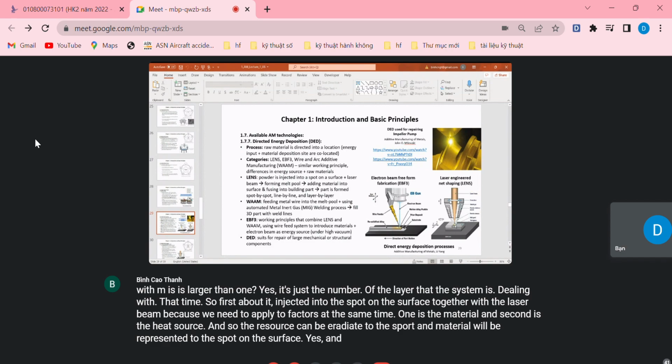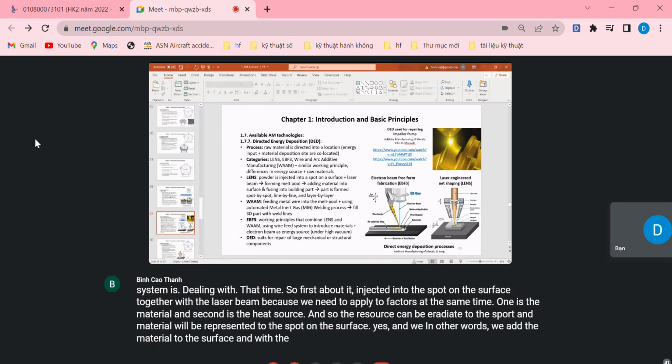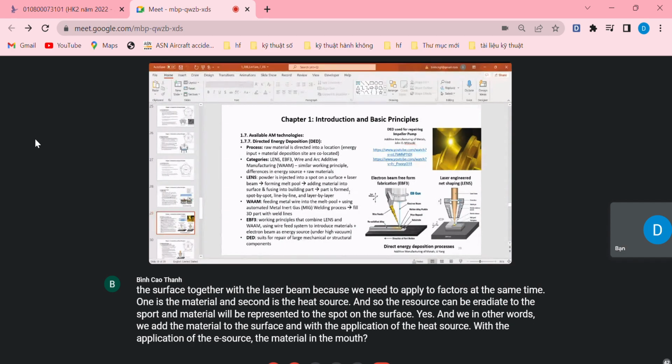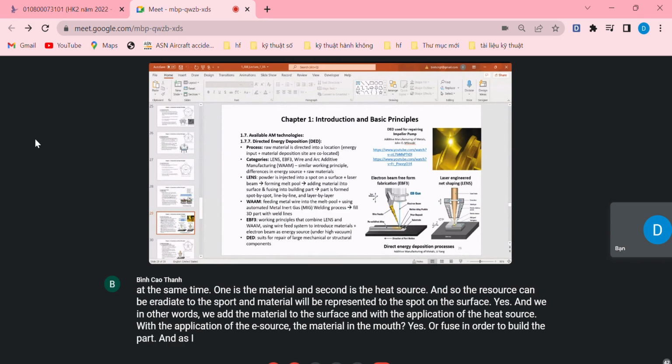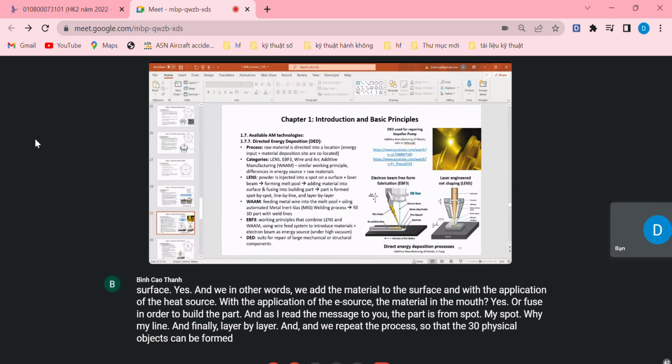In other words, we add the material to the surface, and with the application of the heat source, the material will be melted, or fused, in order to build the part. And as I already mentioned, the part is formed spot by spot, line by line, and finally layer by layer, and we repeat the process so that the 3D physical objects can be formed eventually.